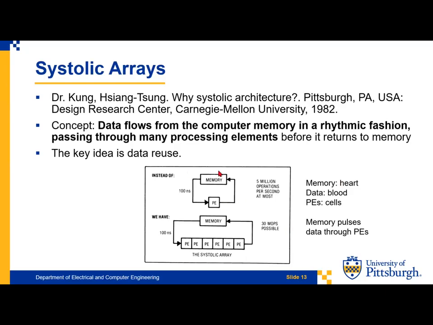In the figure, the upper side is the traditional approach. Your processing element fetches the data once, does a calculation and writes back the result to the memory. And when you need the data again, you fetch it again. In the systolic computing architecture, there are a lot of processing elements in an array, and you just need to fetch the data once, and the data will propagate through all the processing elements.